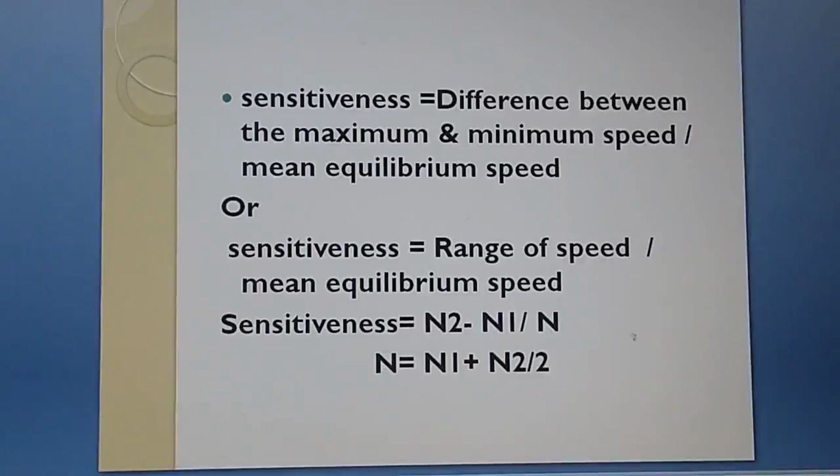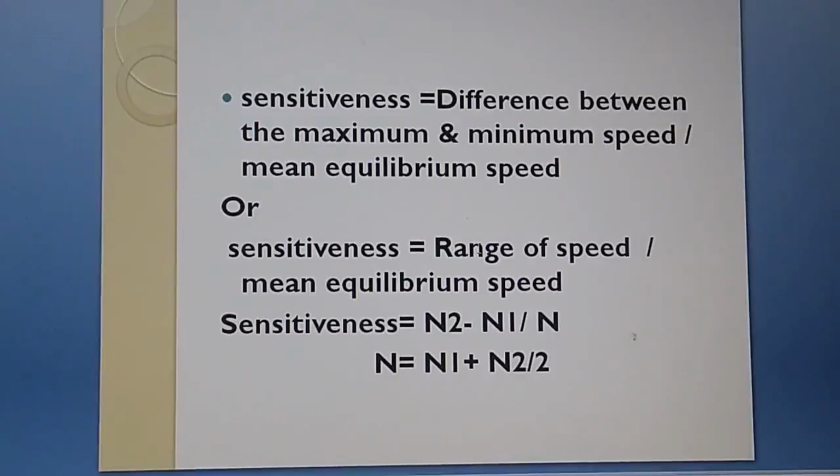And the sensitiveness is otherwise known as the difference between the maximum and the minimum speed divided by the mean equilibrium speed. Okay, so it is the ratio of the difference between the maximum and the minimum speed to the mean equilibrium speed.